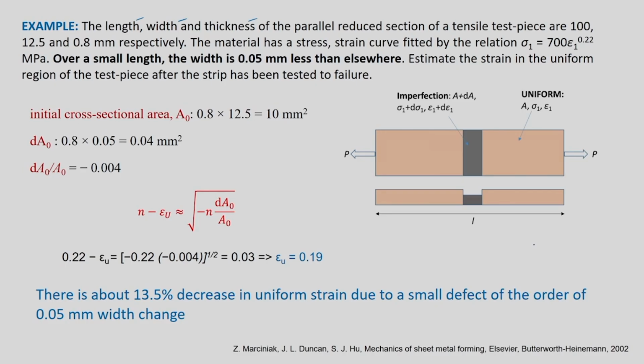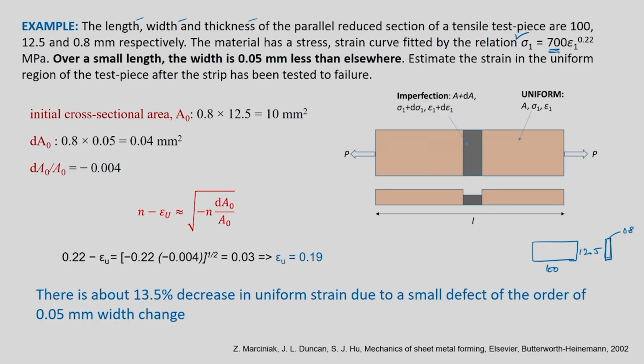So, you have a test piece and there is a rectangular region, let us say gauge length, you can say this is 100 mm, this is 12.5 mm, and its thickness is given as 0.8 mm. The material follows this particular strain hardening law: sigma 1 is equal to 700 epsilon 1 power 0.22, and 700 is nothing but K, which is in megapascal.